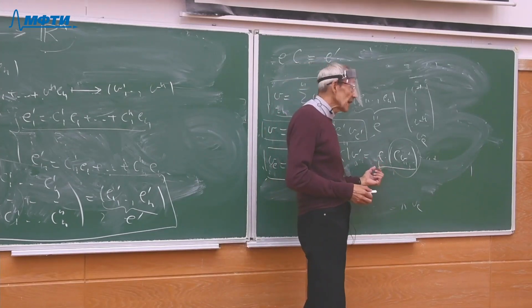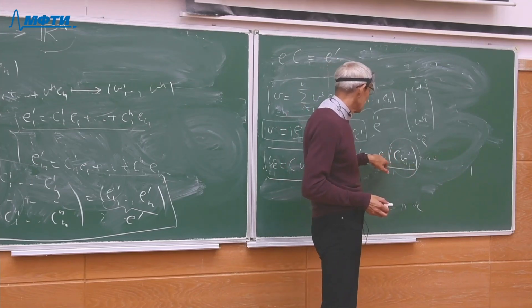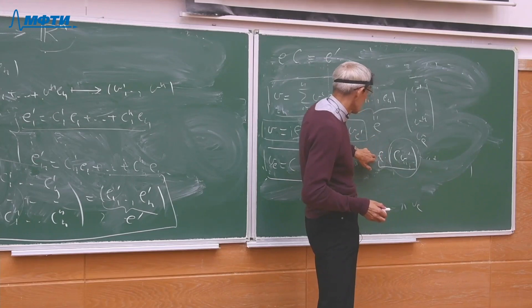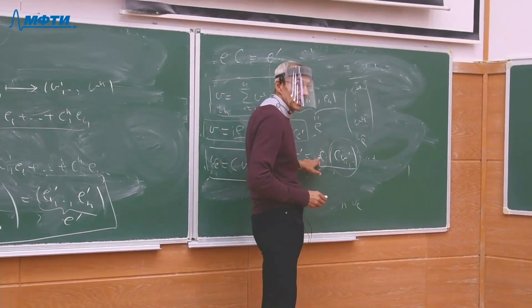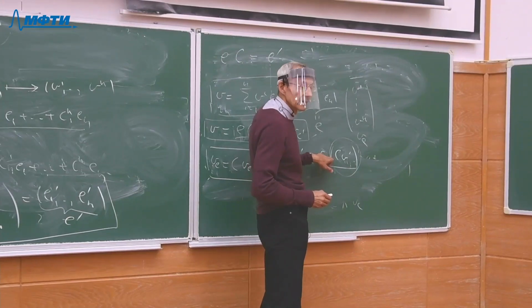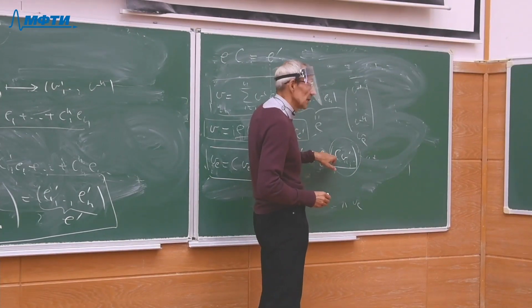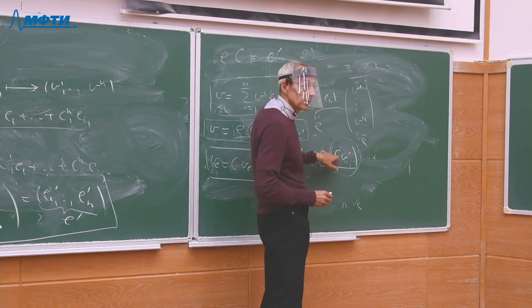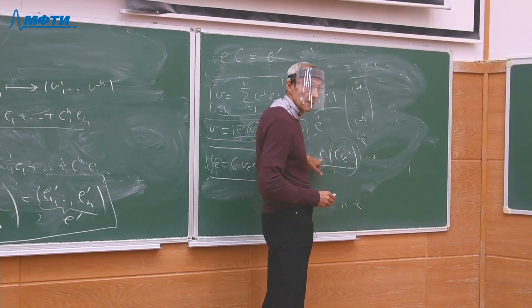This formula means exactly the expansion of the vector over the basis vectors, where the elements of this column are the coefficients of such decomposition.